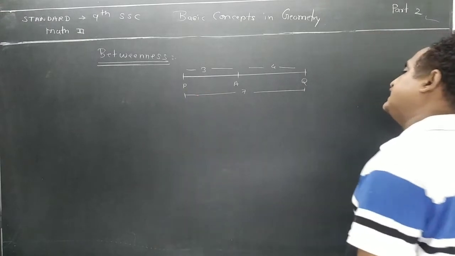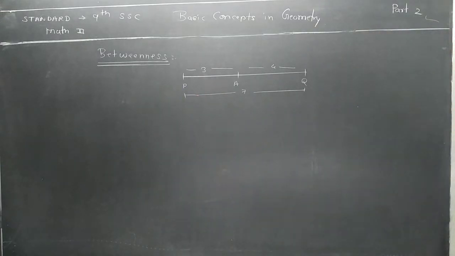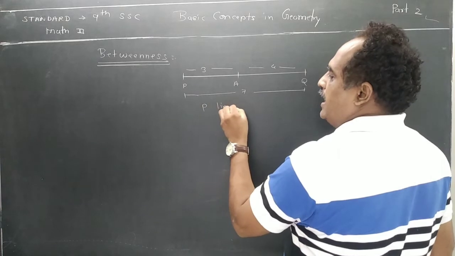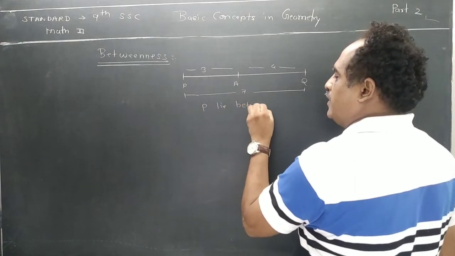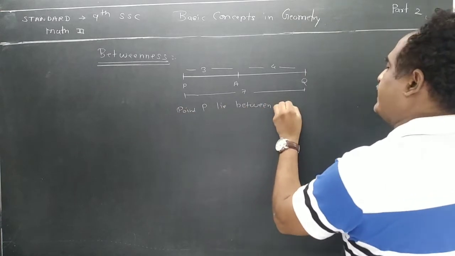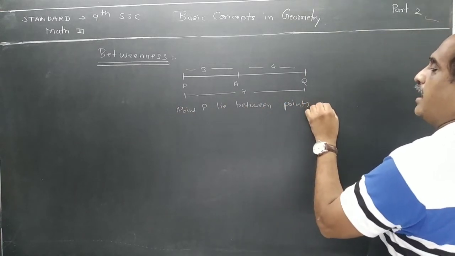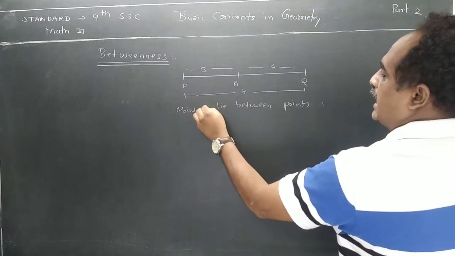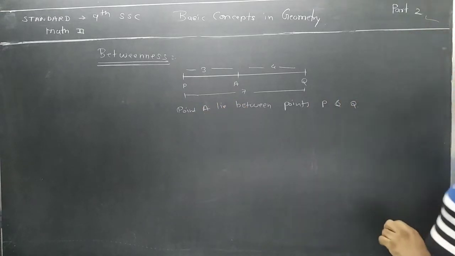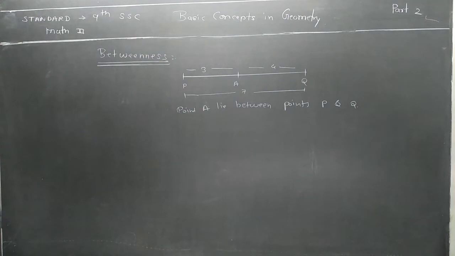Then only we can say that they are collinear points, and also I can say that point A lies between points P and Q. You got it?